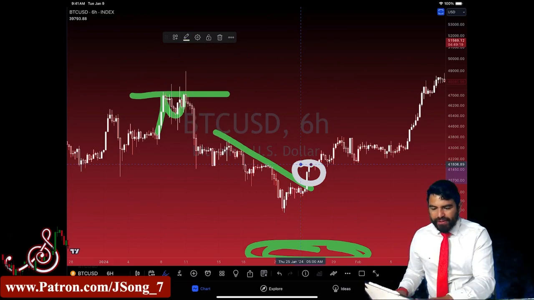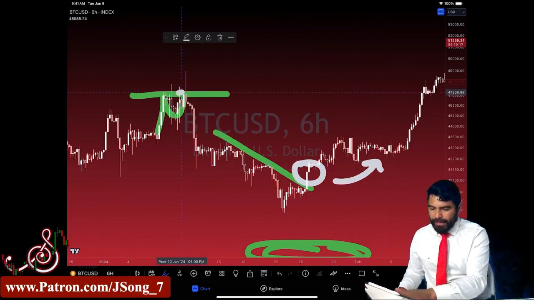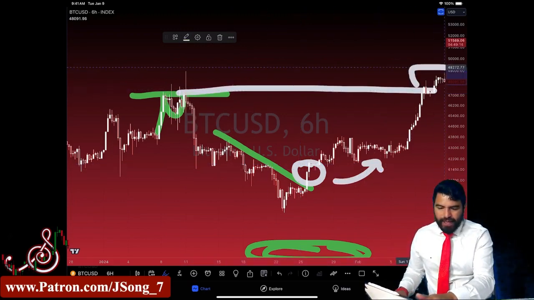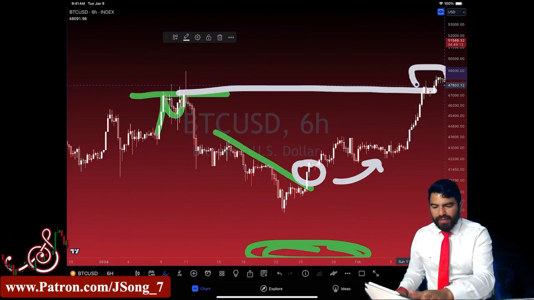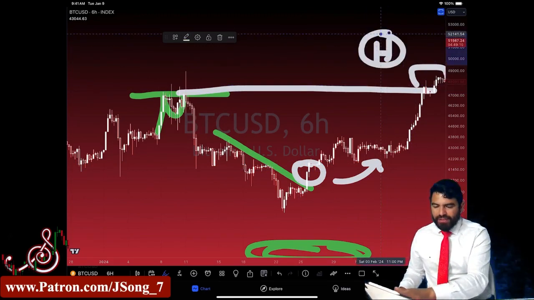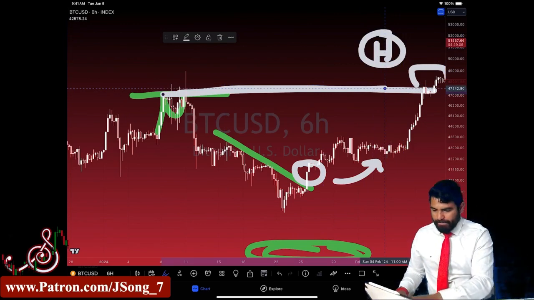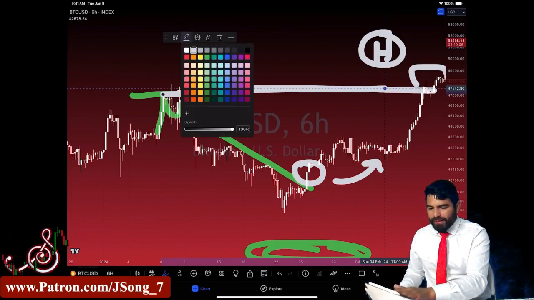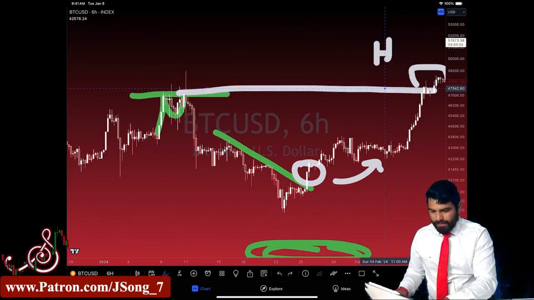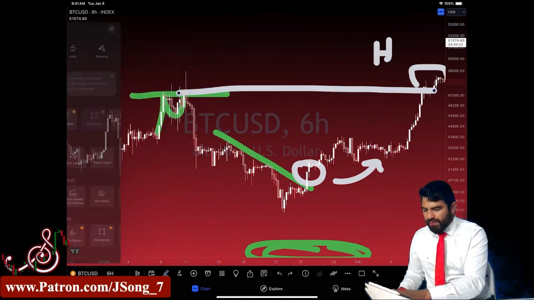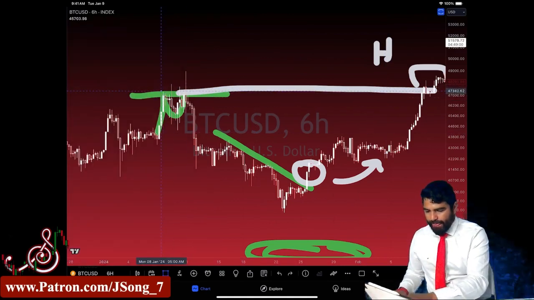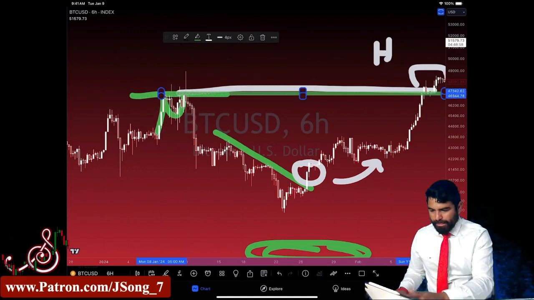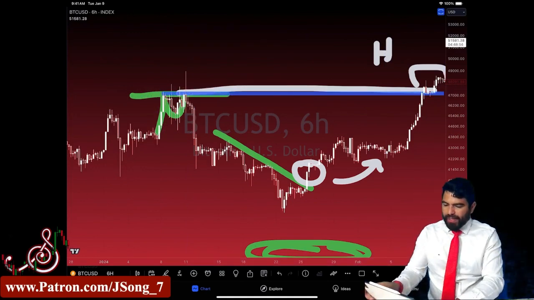And another area we would have been looking for health is maybe here at these areas. So this would have been health above this flat. And you can draw that blue if you wanted to. If you're drawing this more professionally, of course, it's going to look like this. And that's one way to navigate that Bitcoin.